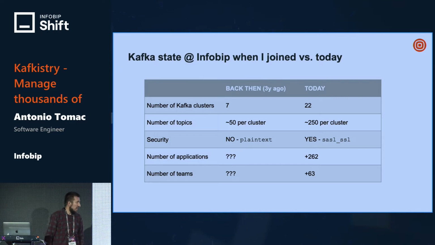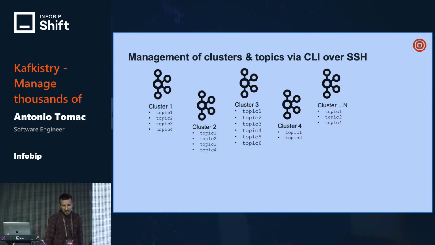And since we didn't have proper security, we couldn't even know how many client applications from other services are connecting to our clusters. Now we know exactly, it's 262 at the time of writing this presentation, and there are 63 teams working behind those applications.